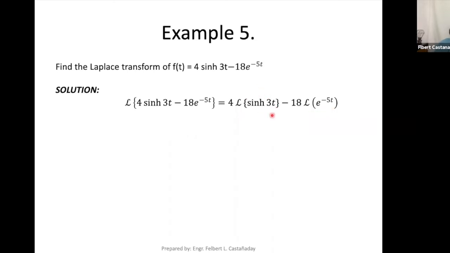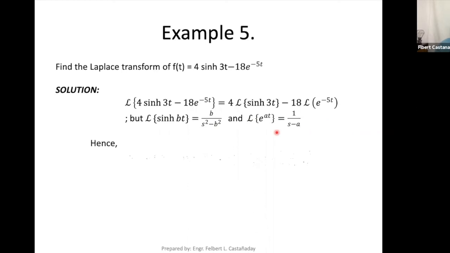As you can see, we have a formula for the Laplace of the hyperbolic function. Hyperbolic sine bt is equal to b over s squared minus b squared. And the Laplace of e raised to at is 1 over s minus a.